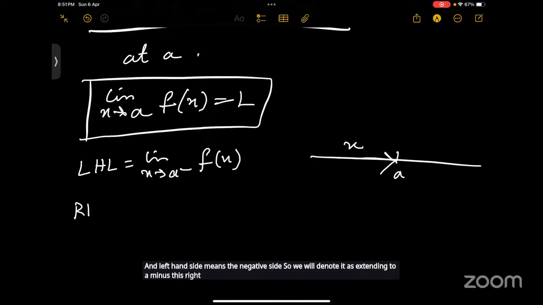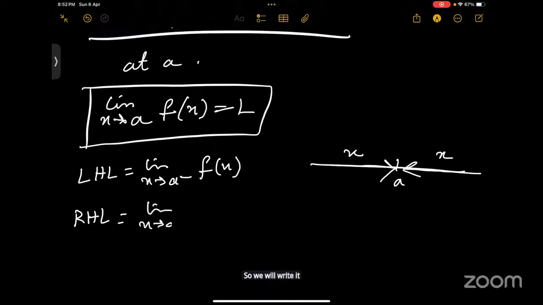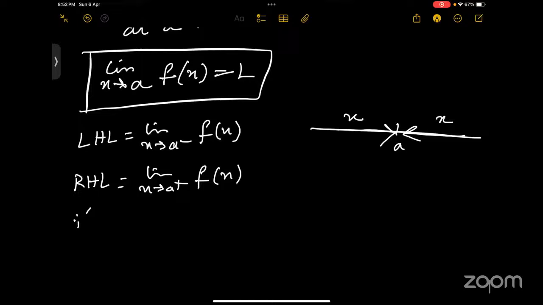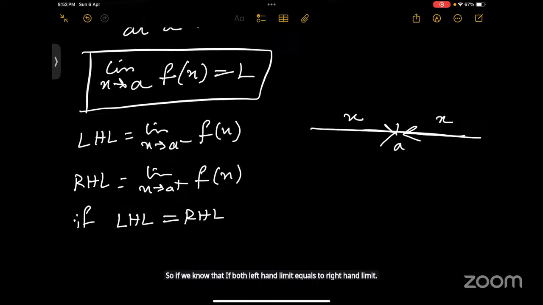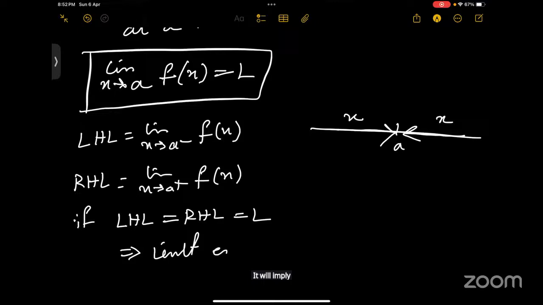And the same for the right hand limit. We approach a from the right hand side of a, that means the positive side, so we write it as x tending to a plus. If the left hand limit equals the right hand limit, then we can say the limit exists at a and equals L, right?